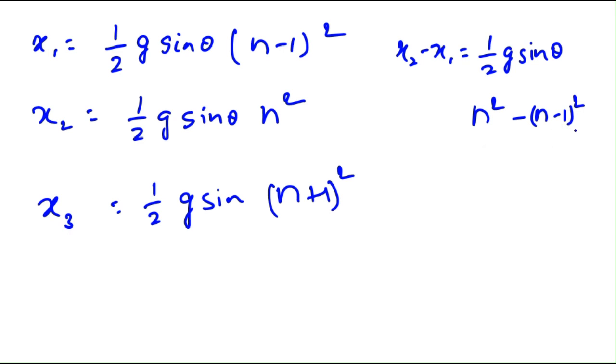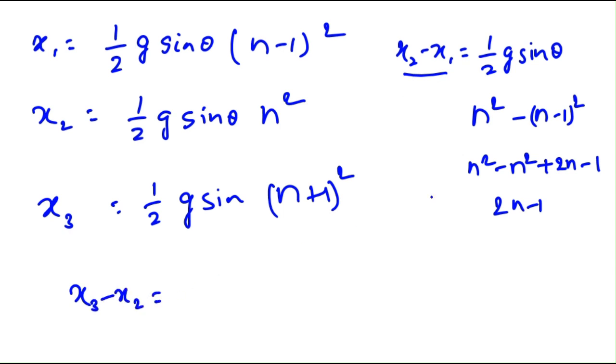And this thing can be written as n square minus n square plus 2n minus 1, that is 2n minus 1. This is x2 minus x1. And now x3 minus x2 will be, of course, there is a factor here of half g sine theta.